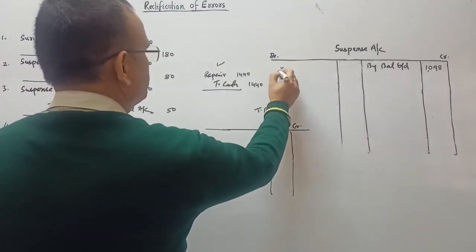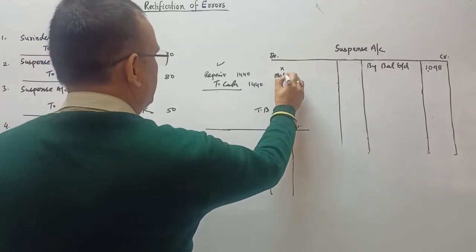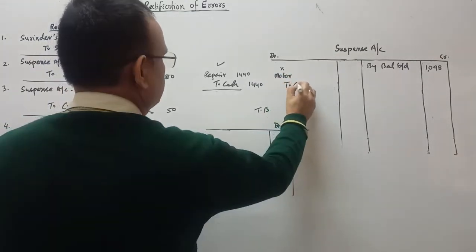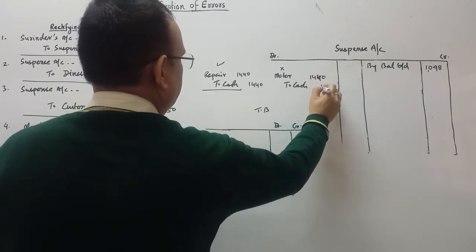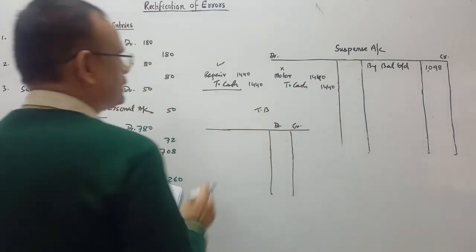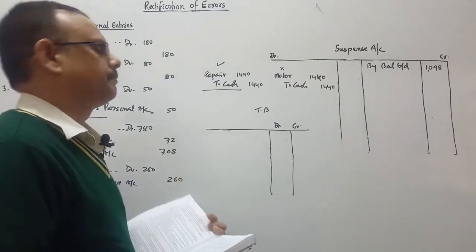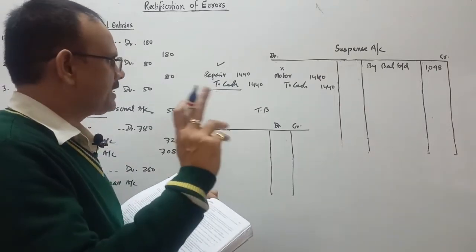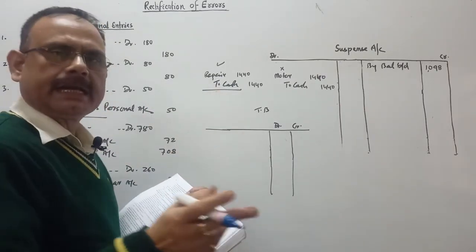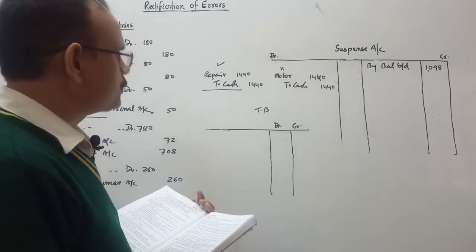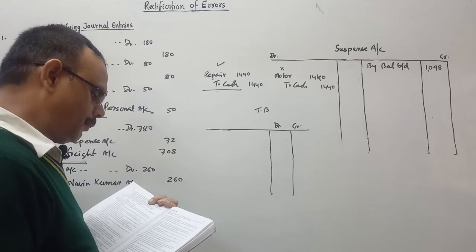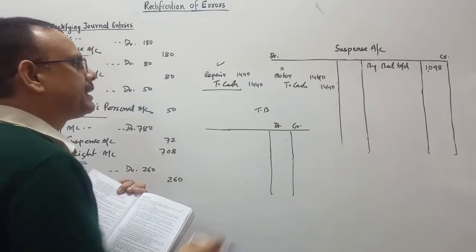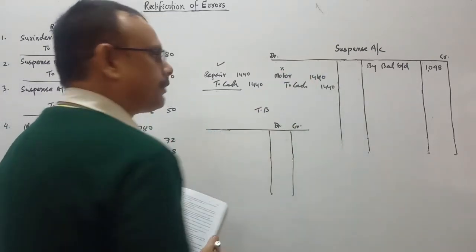So the wrong entry passed by them is motor car account debit to cash account 1440. This is an error of principle. Two errors are committed, error of principle and error of commission, because in posting to the motor car account they have debited 1400 instead of 1440.